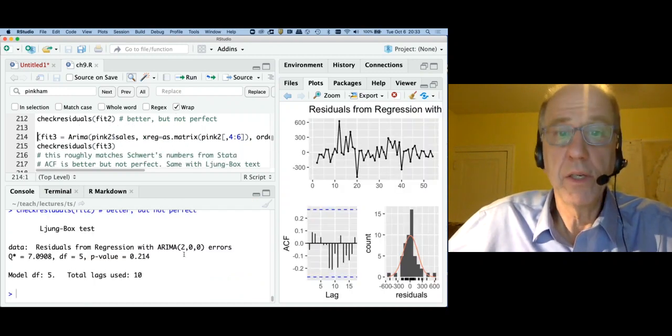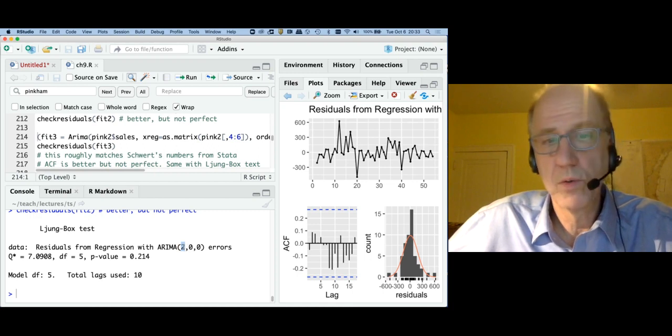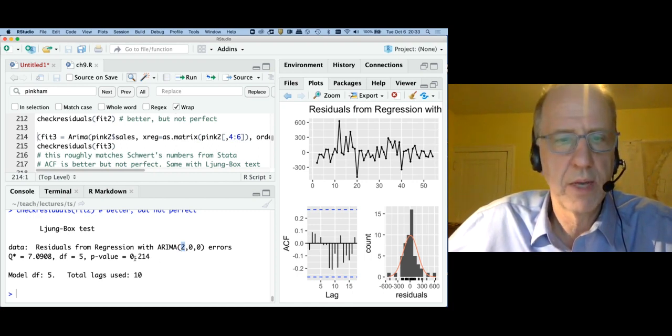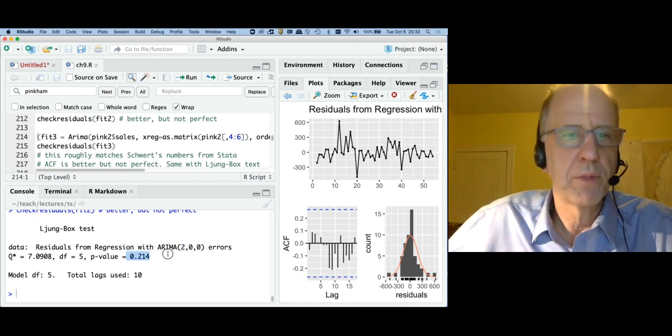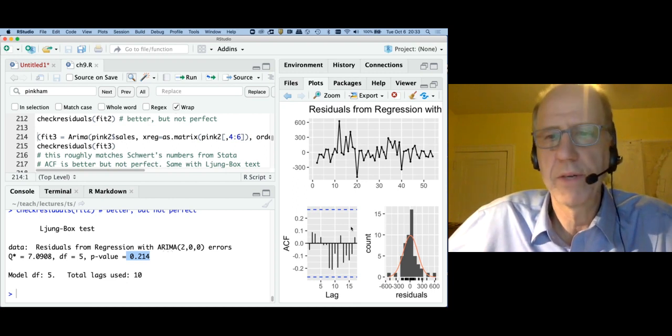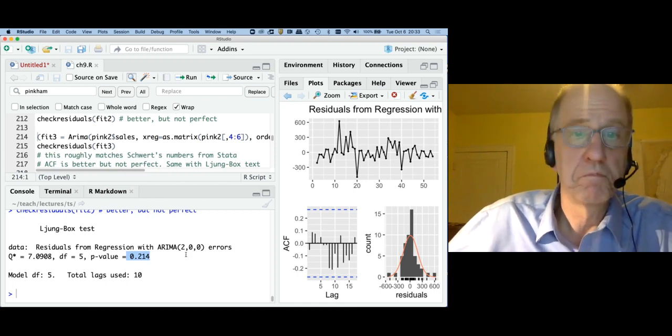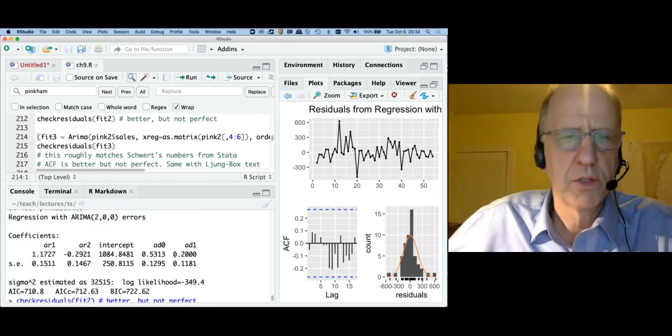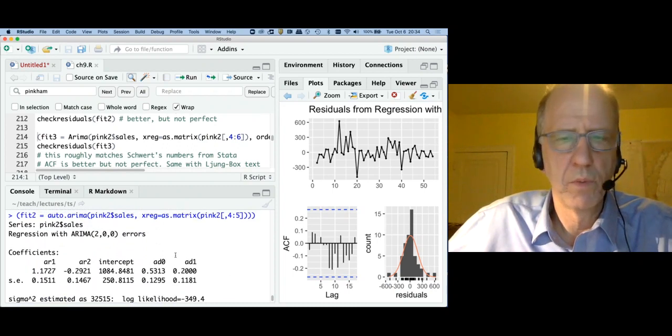What I see here still keeps the two AR terms. My p-value for the Ljung-Box test is nowhere near significant. None of my ACF values are significant. So I think this one's actually a pretty decent model, just with these 2 AR terms.